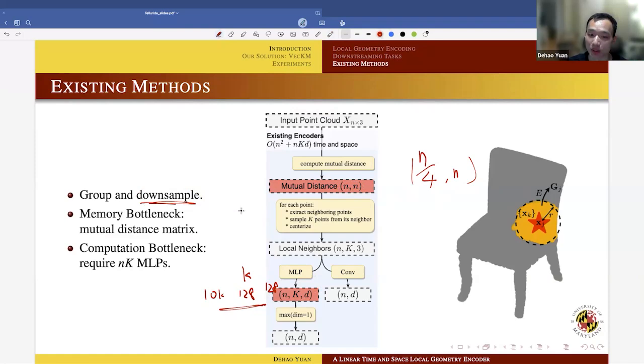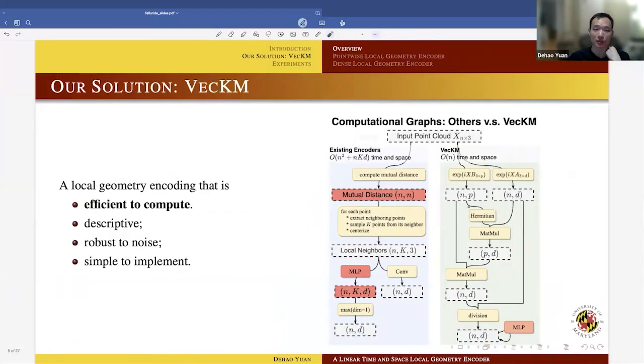Similarly, if you have a very large neighborhood, they usually make this k very small, for example k equals 16, and then it can reduce the bottleneck. However, you can imagine this will induce a lot of information loss, especially when your local geometry is complex. If you use a small k, then your local geometry encoding will not be descriptive. So that's the problem. What our paper is trying to solve is that we propose a local geometry encoding that is very efficient to compute.